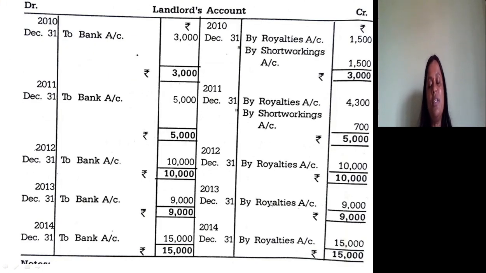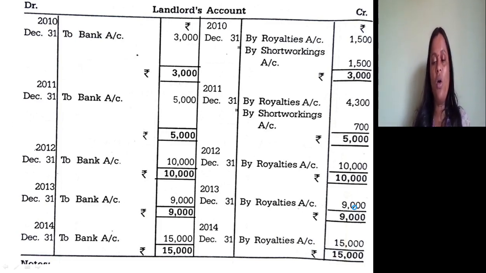So what is the journal entry required to be passed? For the amount due, we should pass the journal entry: royalty account debit to landlord account, to the extent of 9,000 rupees. Then we should pass entries in the books in which account?